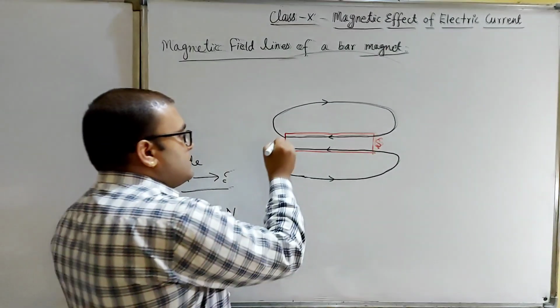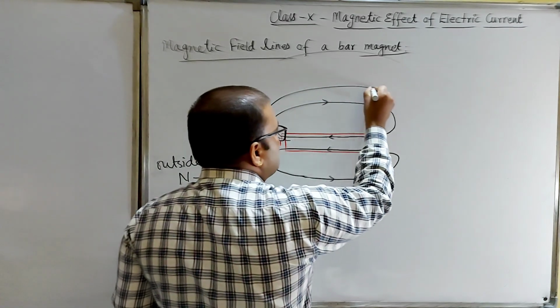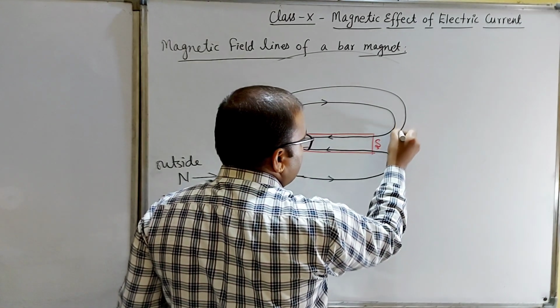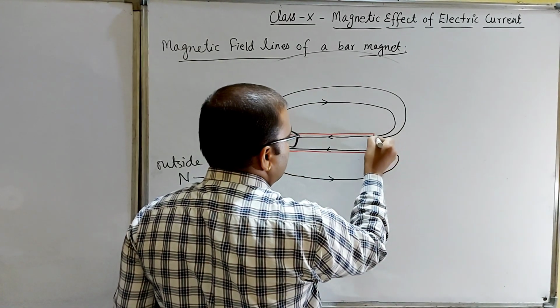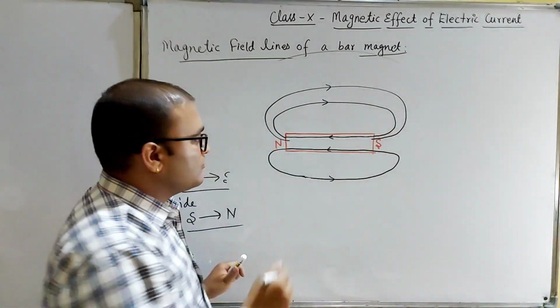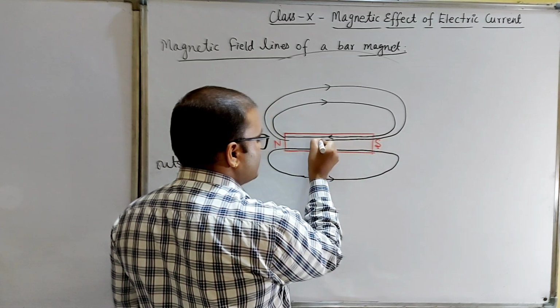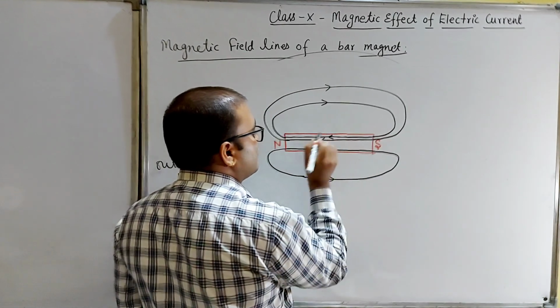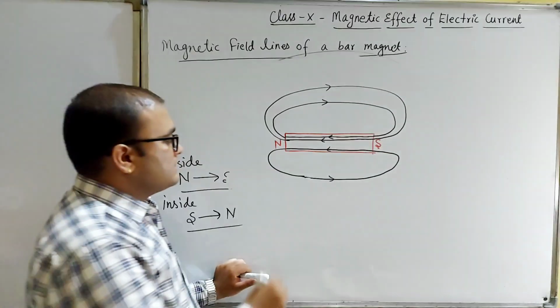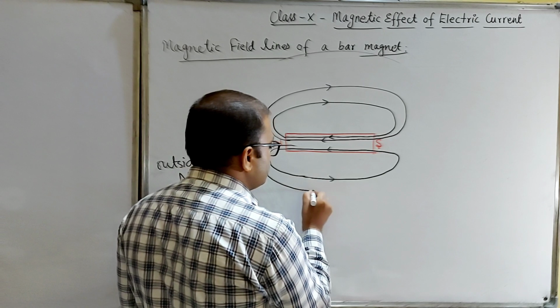I can represent more magnetic field lines. This is the next magnetic field line. Outside it is also from north pole to south pole, and inside the magnetic field line is from south pole to north pole. In a similar way we can represent some more magnetic field lines.